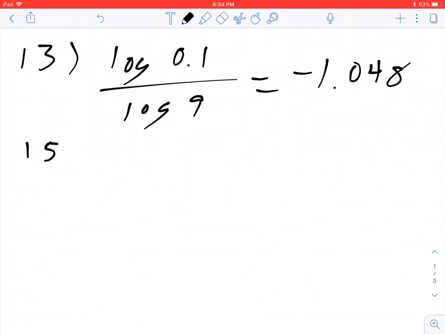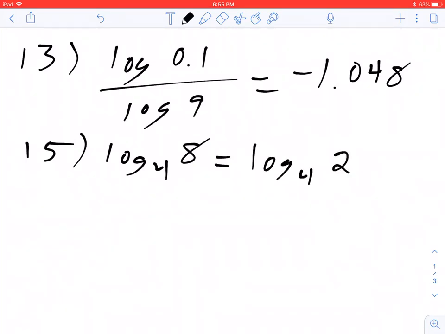Number 15 says in exercises 15 through 20, use the properties of logarithms to write and simplify the logarithmic expression. So what we have here is log base 4 of 8. Now, I believe what they want you to do is make this log base 4 of 2 times 4.